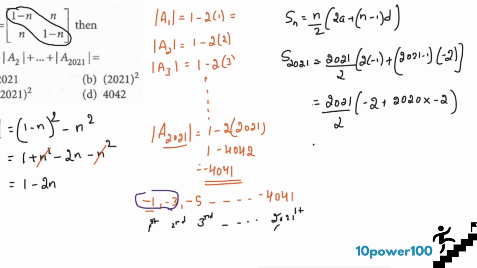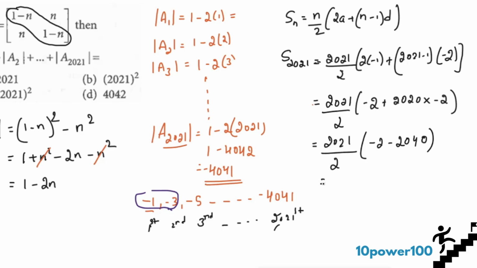So it becomes 2021 by 2 of minus 2 minus 2020. So 0, 2 to the 4, 0, 2 to the 4. So we get 2040.